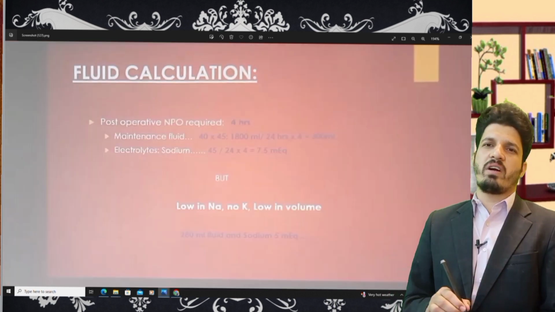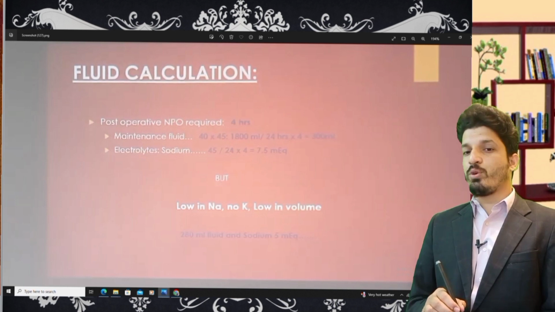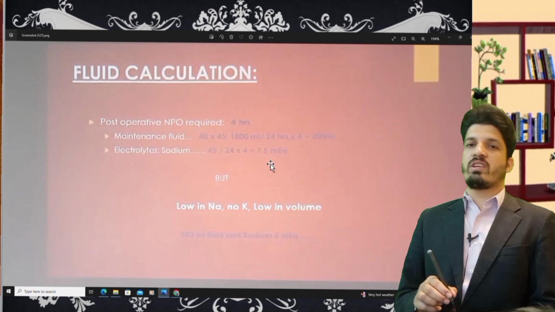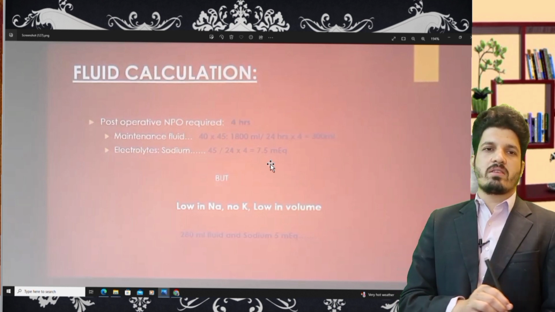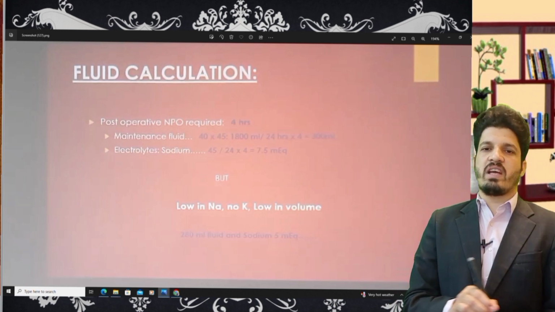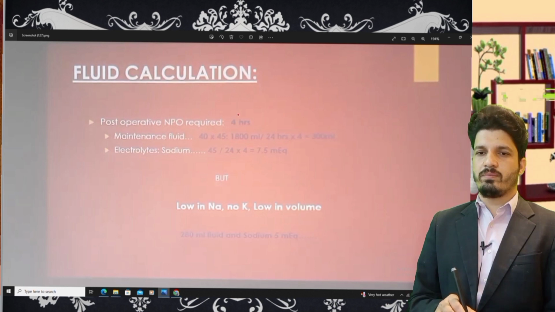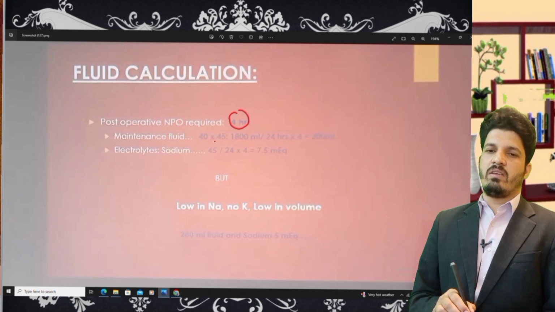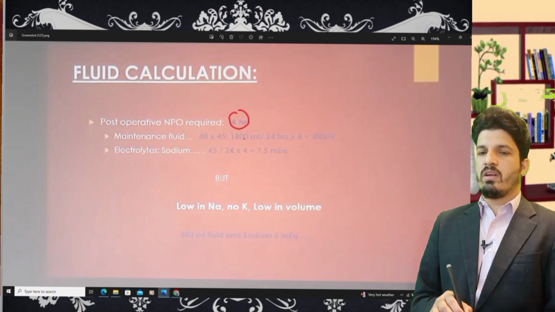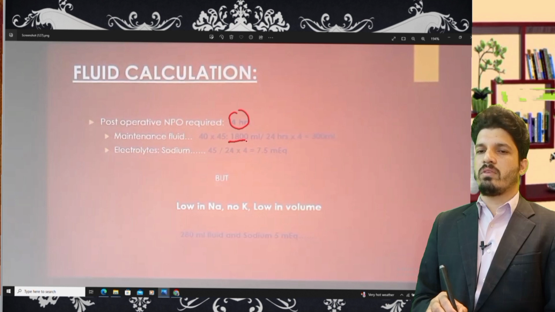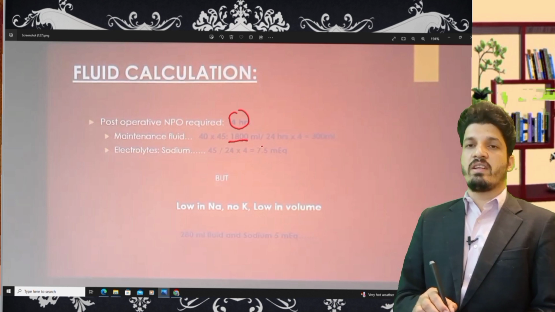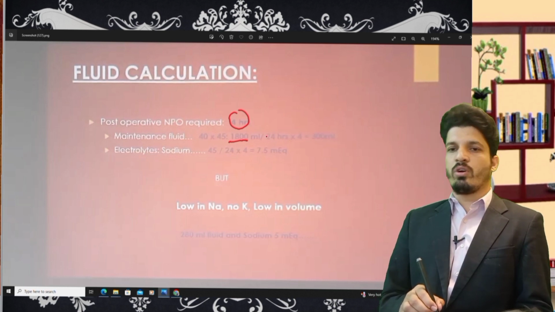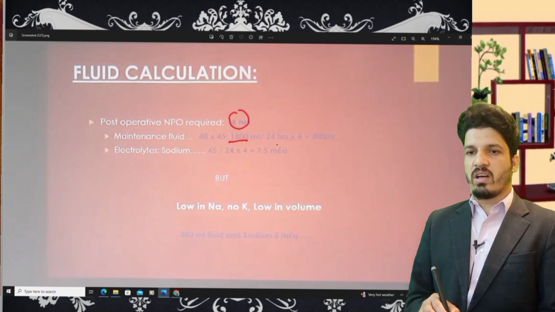Now we have been asked to calculate the post-operative fluid. For that purpose you must know the duration of NPO. In this case we will keep the patient NPO for 4 hours. And the maintenance fluid is the weight into 40, which will come to 1800, and it's for 24 hours, and we will divide it by 24 to get the fluids in 1 hour.